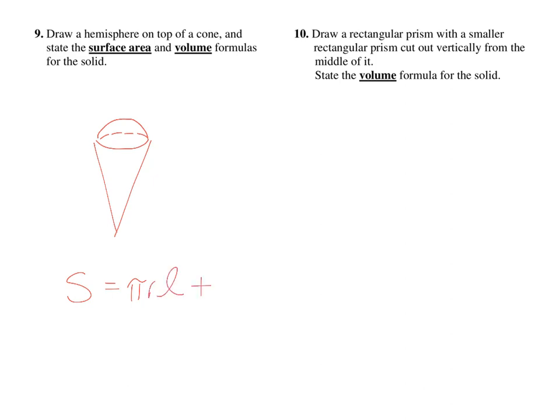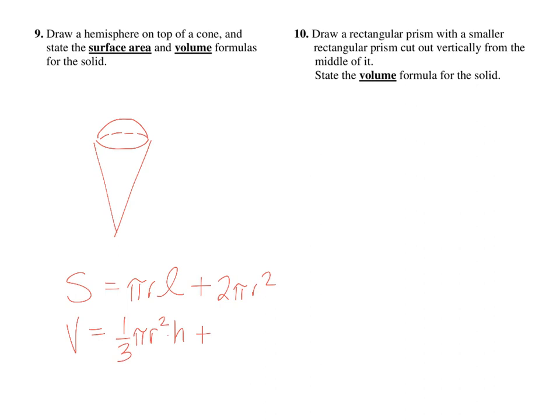And then I have half the surface area for a sphere, so I have 4 pi r squared. If I take half of that, it's going to be 2 pi r squared. All right, then for the volume formula, I have 1/3 pi r squared times the height, or 1/3 area base times the height for a cone.